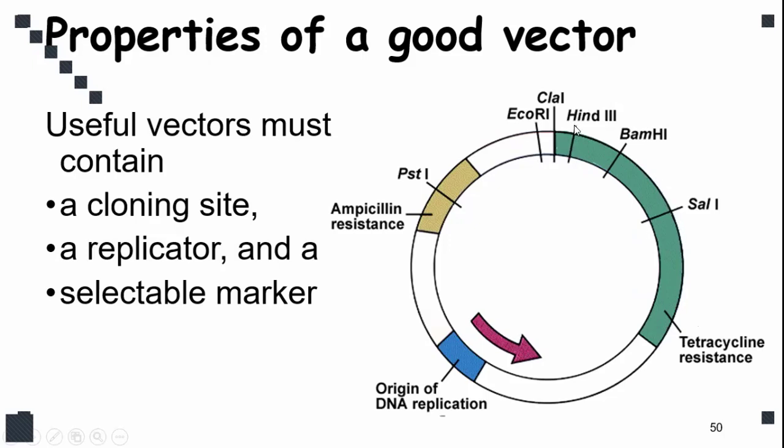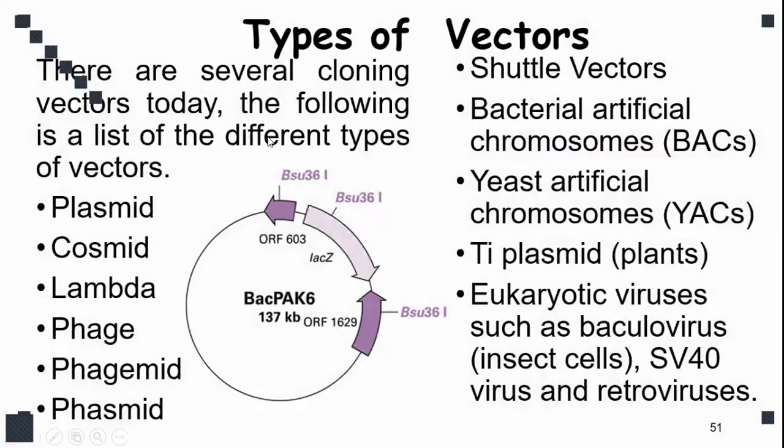You cannot use HindIII, BamHI or SalI. But you can use PstI, because PstI is in the ampicillin resistance gene. If you are going to use ampicillin, then you cannot use PstI, but you can use any of the others because they are outside the resistance gene. So these three properties are very useful for a good vector to have.